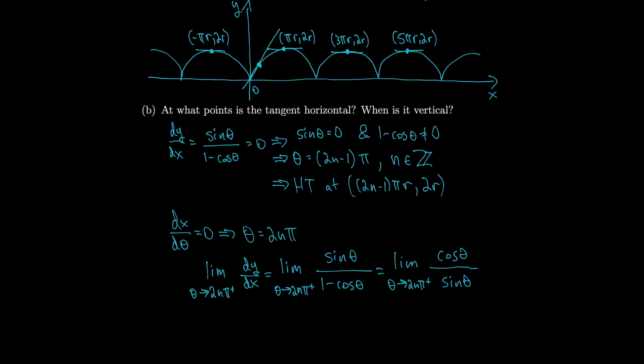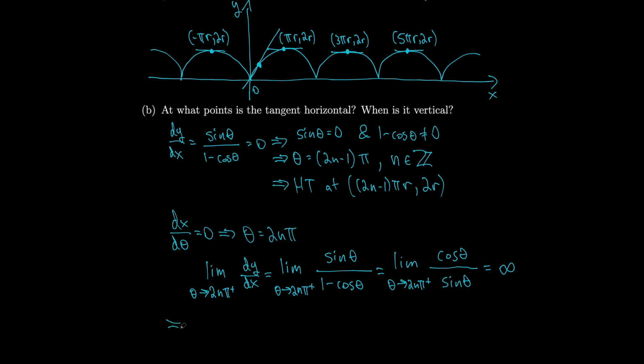So then, as theta goes to 2n pi, cosine just goes to 1. And sine, on the other hand, goes to 0. So we have 1 over a very, very small number. It gets smaller and smaller. That means that dividing by a small number makes this value bigger and bigger and bigger. So this thing does go to infinity.